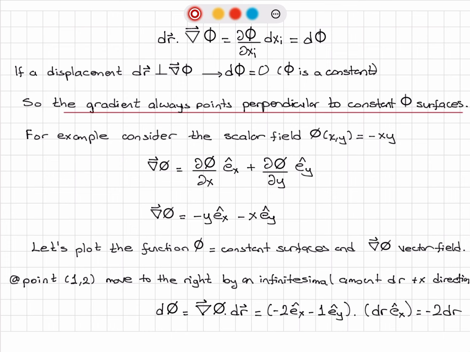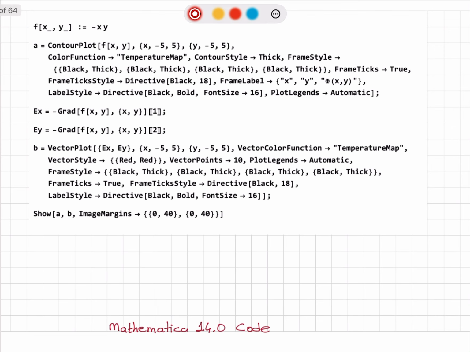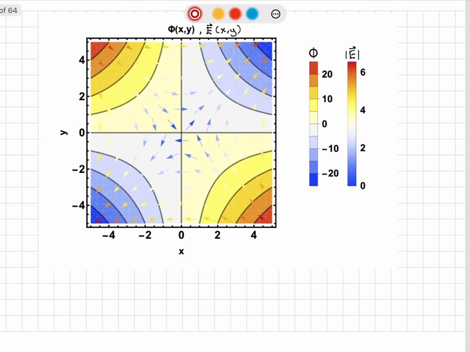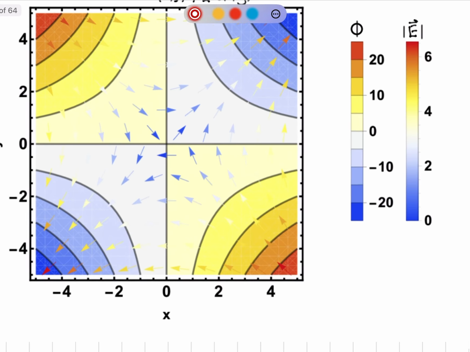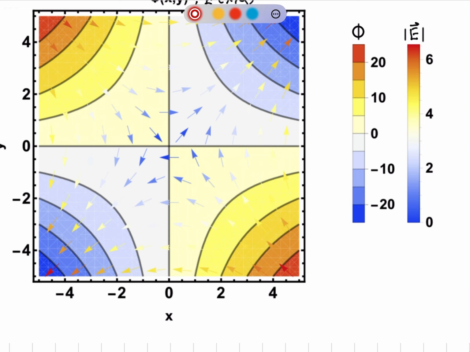and when we plot the phi equal to constant surfaces at a point, for example, 1, 2, if we move to the right by an amount plus dr in the plus x direction, this gives us a decrease in the function by an amount minus 2 dr. So x equals 1, y equals 2, if we can actually show it here, that would be here, right?